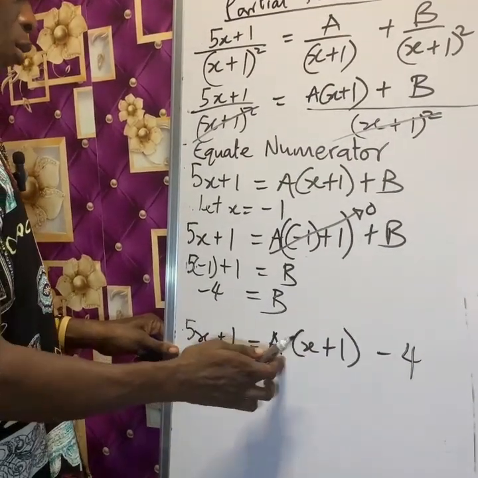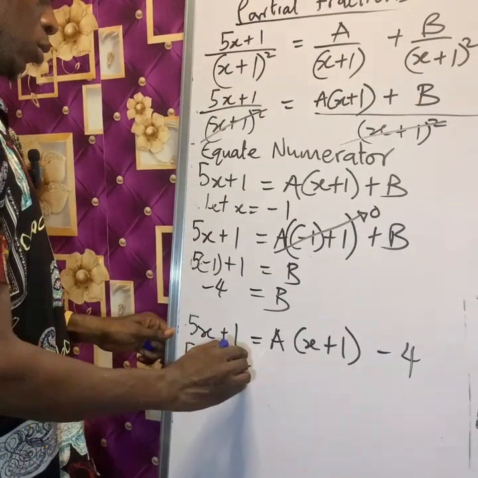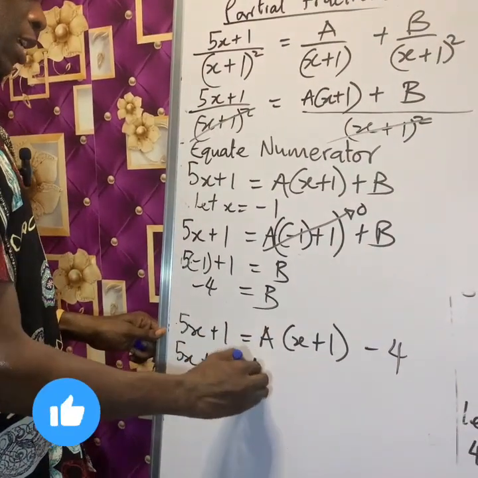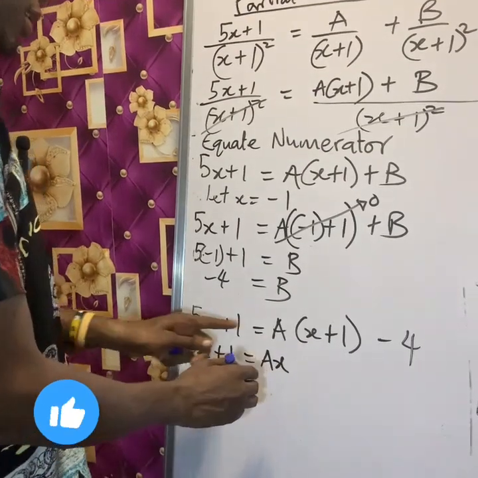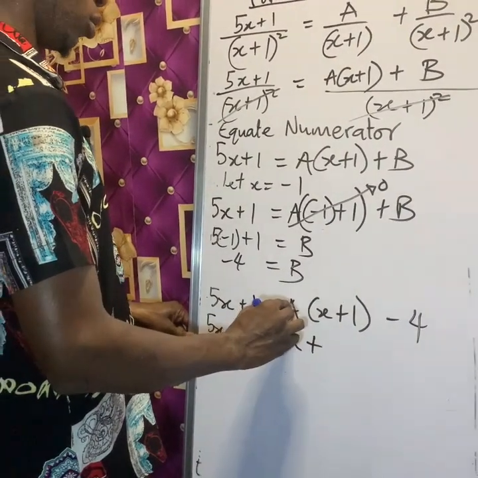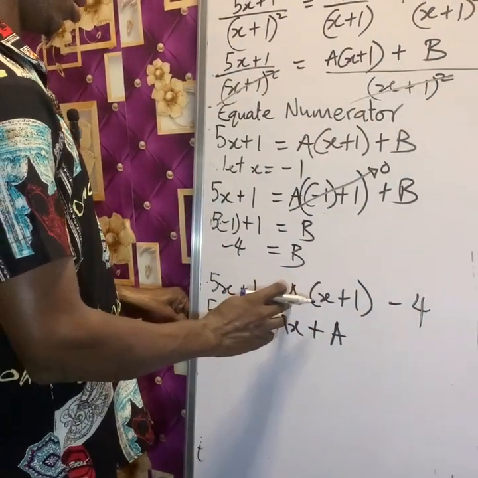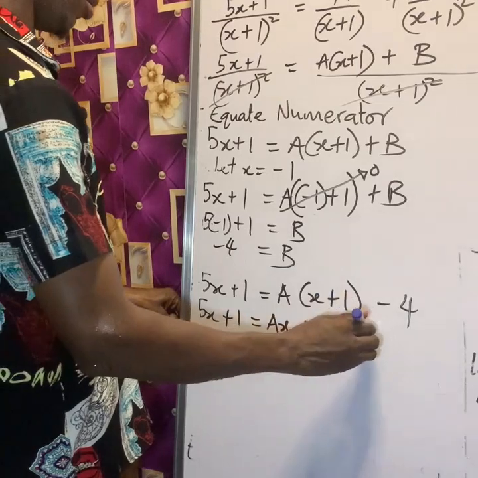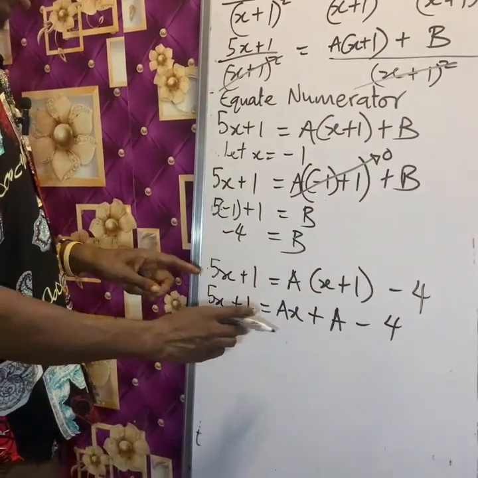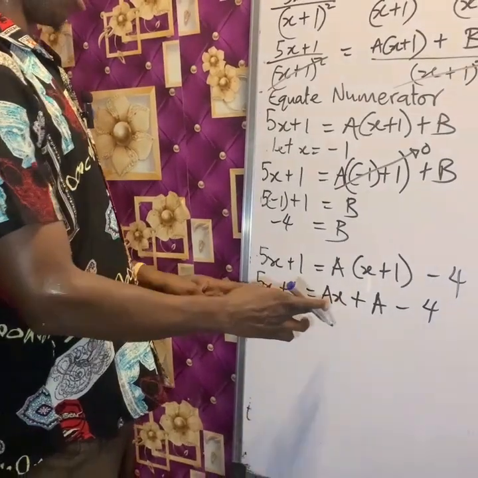So I open this bracket, I say 5x + 1 equals what? Ax + A - 4.